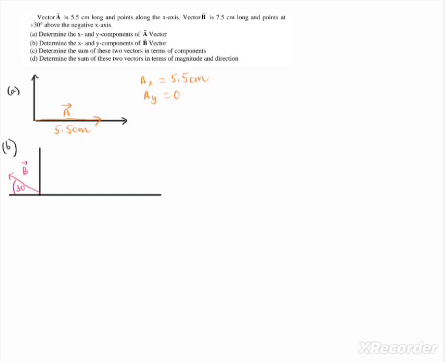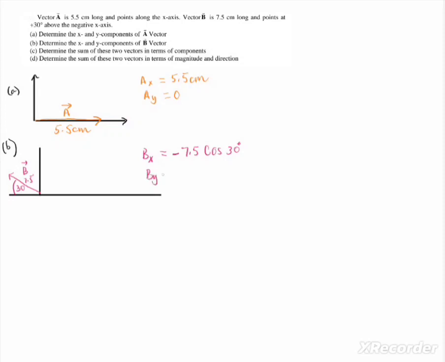So what are the components of this? Bx would be, so this is 7.5 centimeters, it would be 7.5 cosine of 30 degrees, but it's in the second quadrant along the negative x-axis, so this is negative.